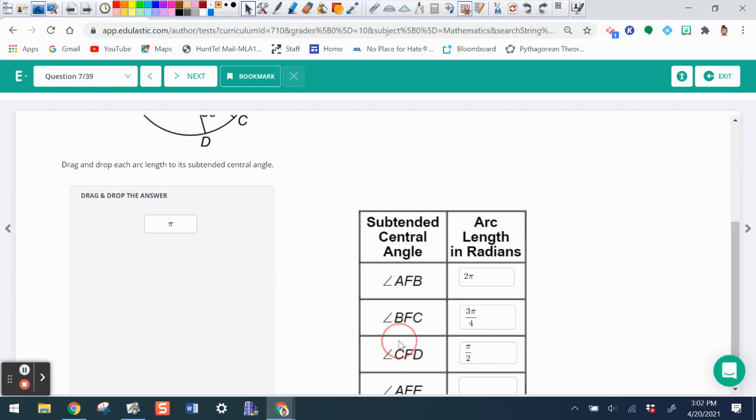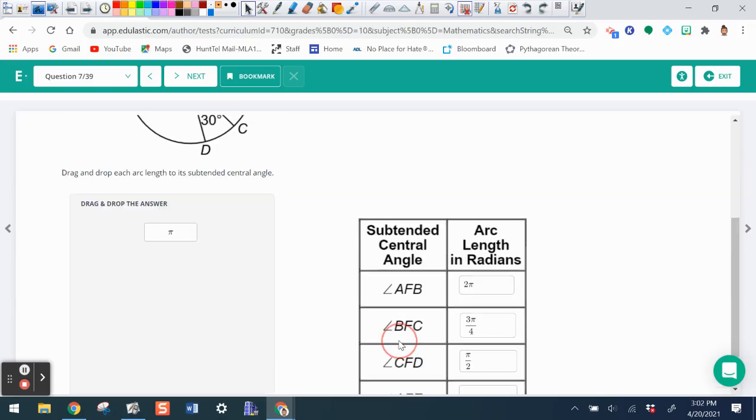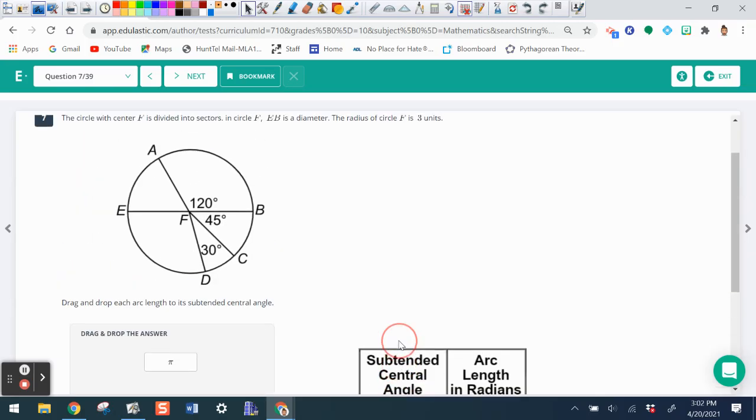We didn't actually find the arc length in radians for angle AFE, but let's just understand why it is just pi real quick. So we see that if EB is a diameter, then it forms a straight line through the center of our circle. So if angle AFB is 120 degrees, then angle AFE has to be 60 degrees.